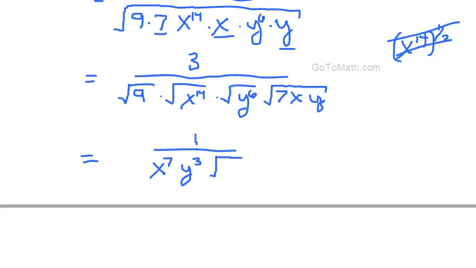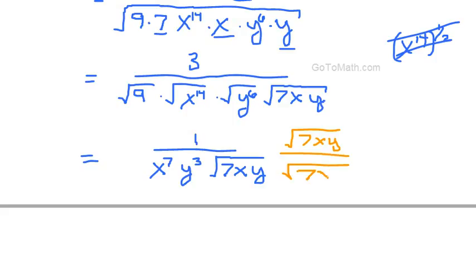And then of course we have the square root of 7xy, but we've got to get rid of this radical down here in the denominator, and that means, I'll use a different color here, that 7xy over the square root of 7xy should be written there.